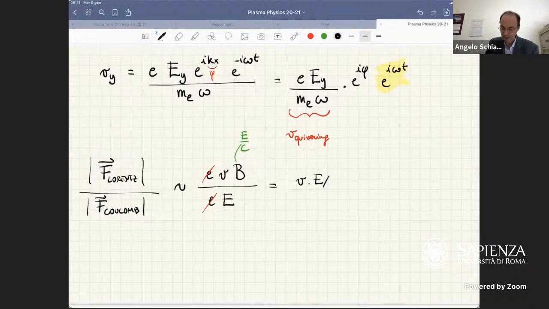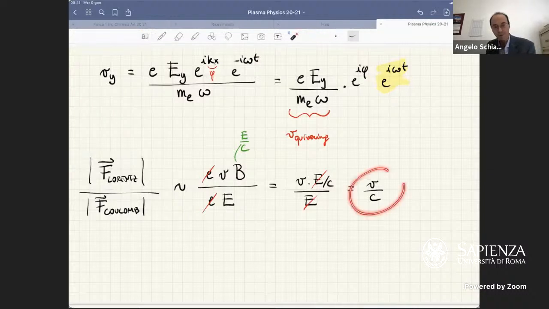We can again factor out the electric field, and we see that V over c is a ratio representing the relative importance of the forces acting on the particle, in this case the electron, for the Lorentz term and for the Coulomb term.